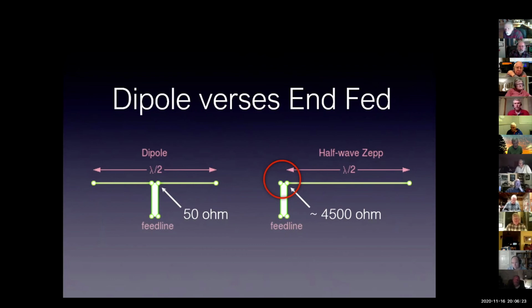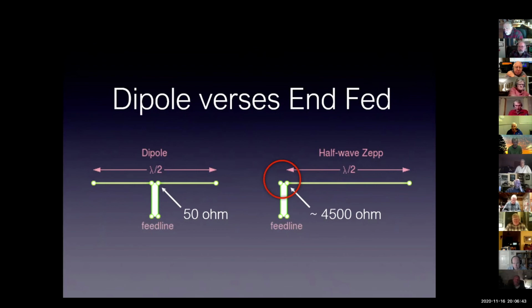And whether it's an inverted V, which would mean the elements droop down from the center on both sides, you've got to remember that the high current point is the center. So that's where your signal is going to radiate from, or at least all the current, all the power, so to speak.